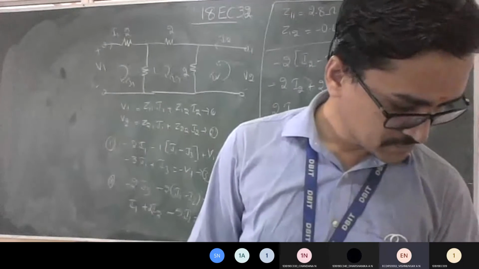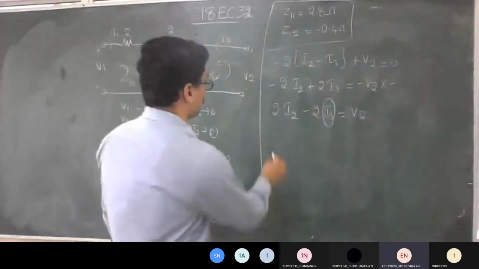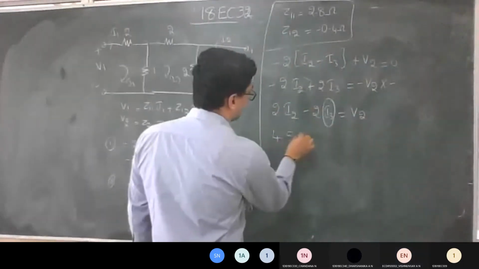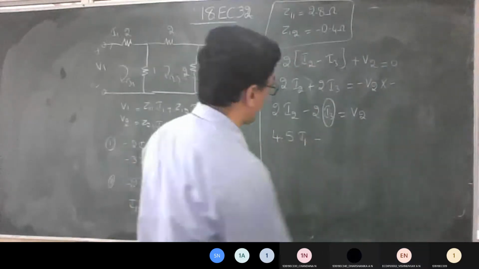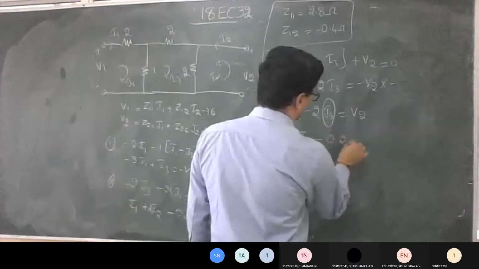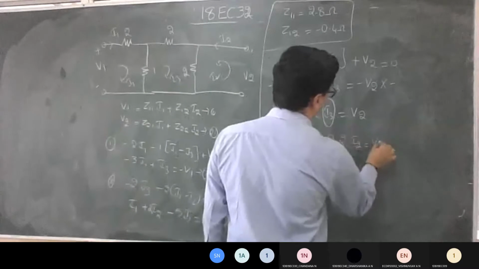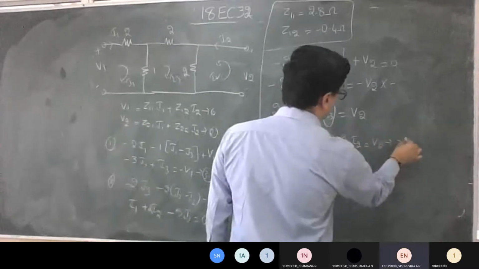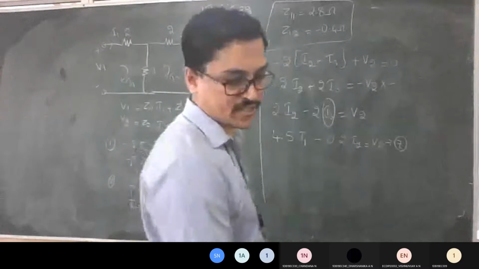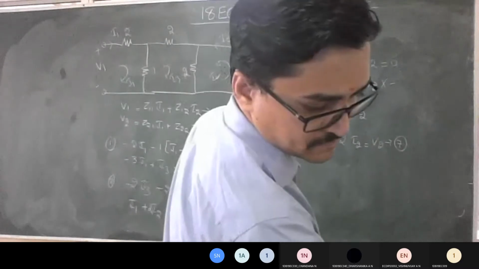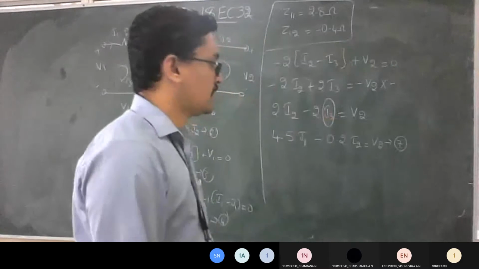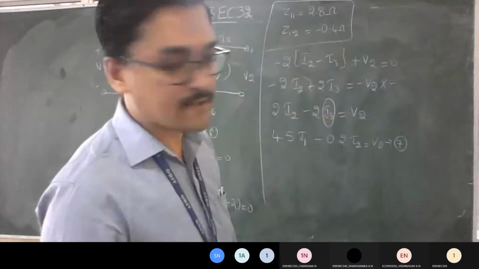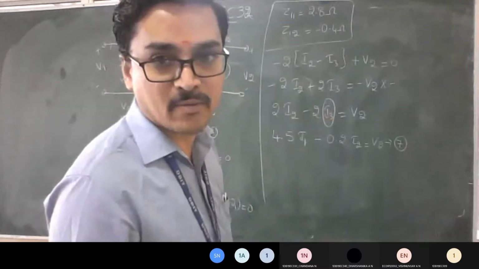Sir, 4.5 I1 minus 0.2 I2 equals to V2 now. Is it correct, what your friend told others? Check out the answer here. If you write this, then you can just compare, that's all.